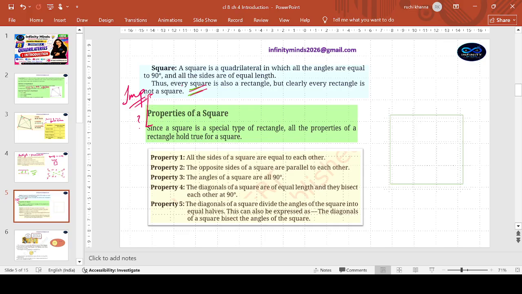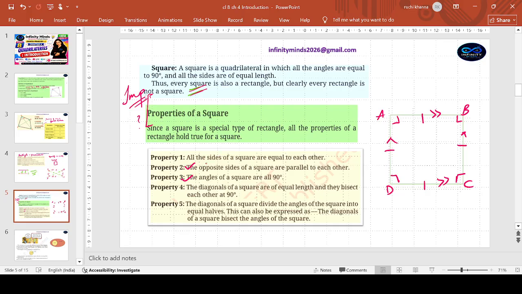Property number 3, each of the angles is 90 degrees. Properties 2 and 3, opposite sides parallel and each angle 90 degrees, were present in a rectangle also, children, right?